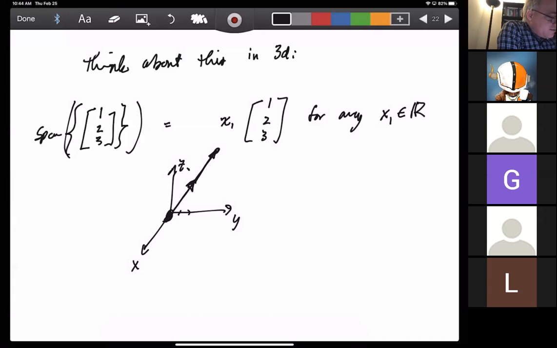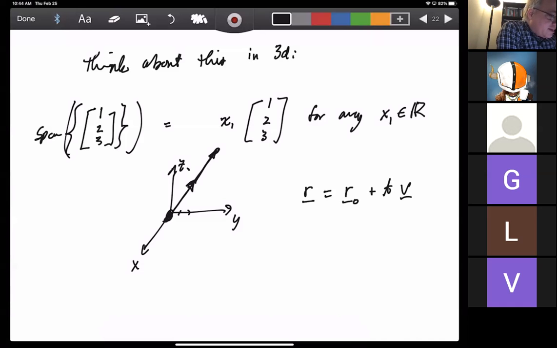Remember back from 243, where you might remember this notation, that's the vector equation for a line. What are we really doing here? Well, our base point is the origin. We're taking all linear combinations of a certain vector, and that geometrically represents a line in three-dimensional space.